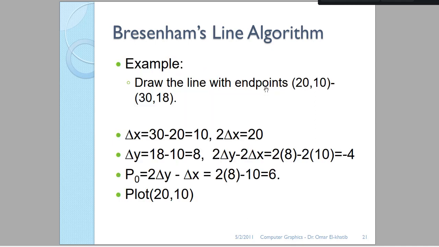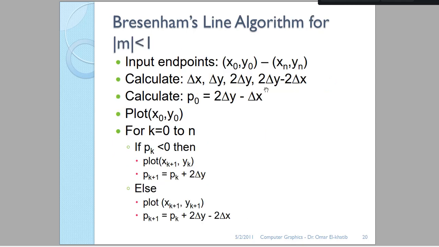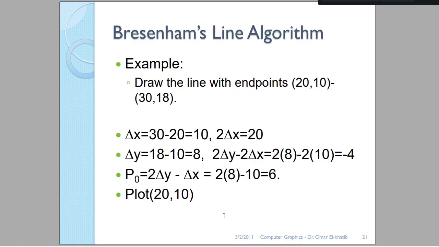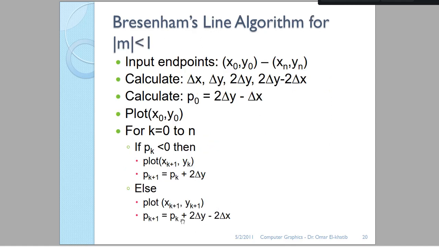And then we need to find the value of the next p, because we used this one. So how do we find p1? P1 is equal to p0 plus 2 delta y minus 2 delta x, and 2 delta y minus 2 delta x is equal to minus 4. So we put minus 4 in this equation.